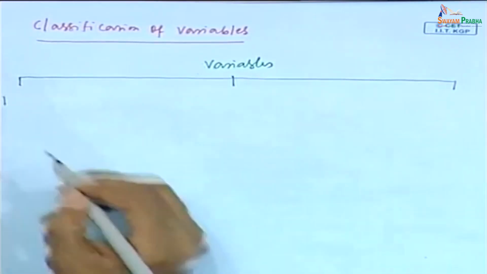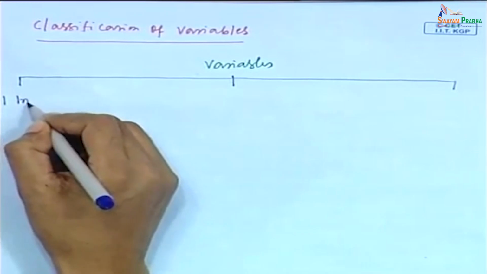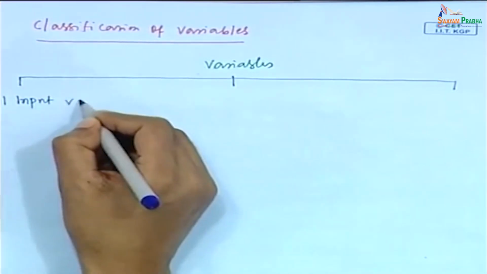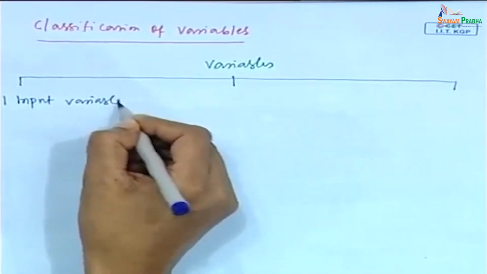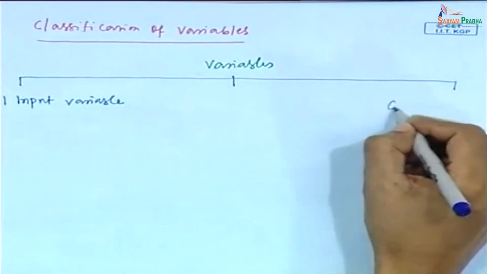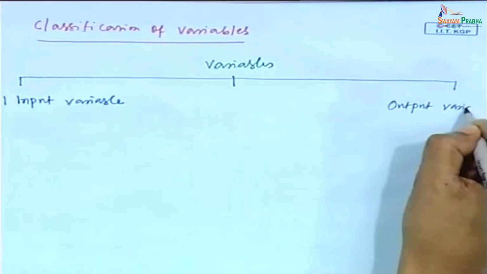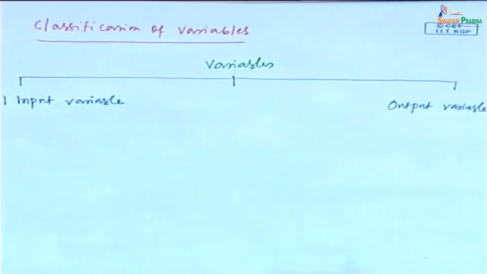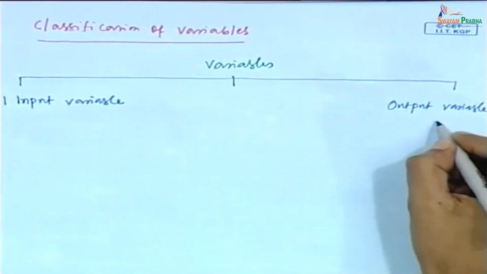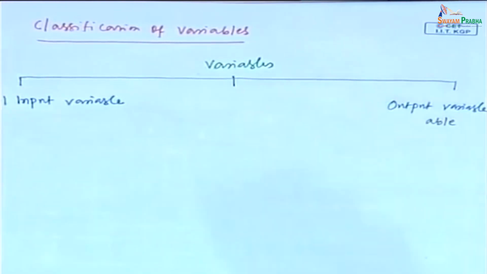One is input variable and the second one is output variable.